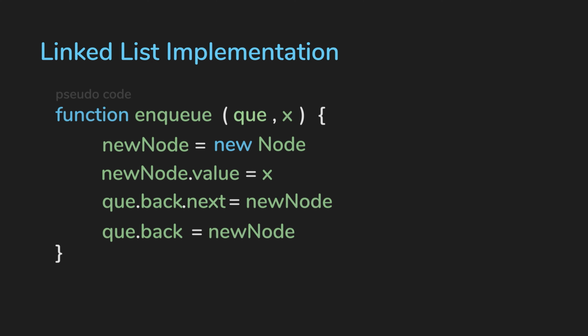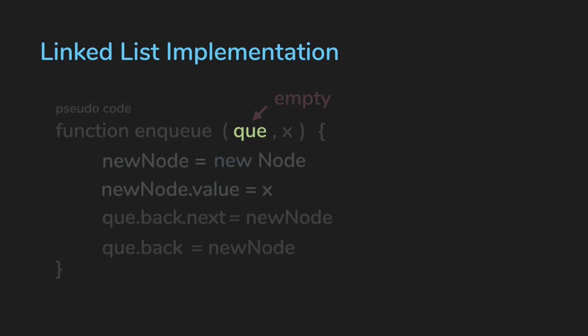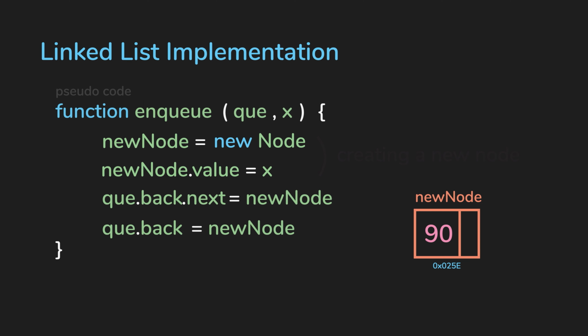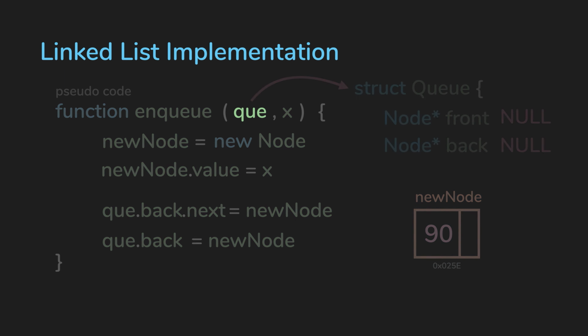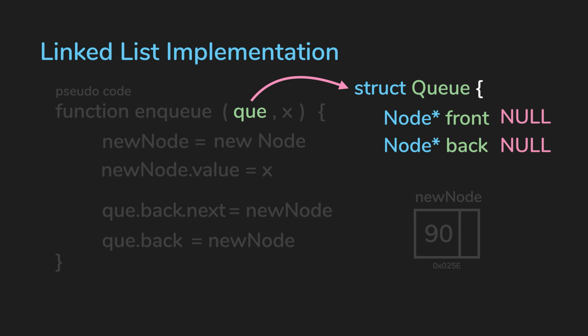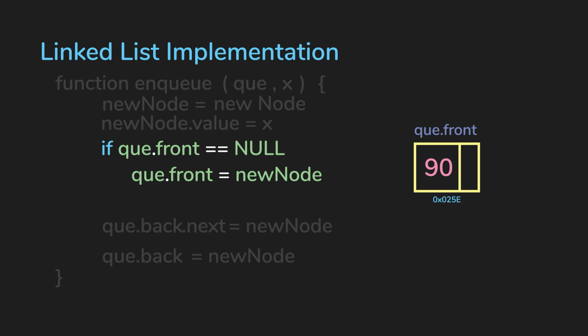What if the queue is empty and we are enqueuing the first node? Whether the queue is empty or not, we will still need to create a new node. So we'll put an if statement right here, right after creating the new node. And if the queue is empty, front and back would be null. So if the front is null, we want to set new node as a front.